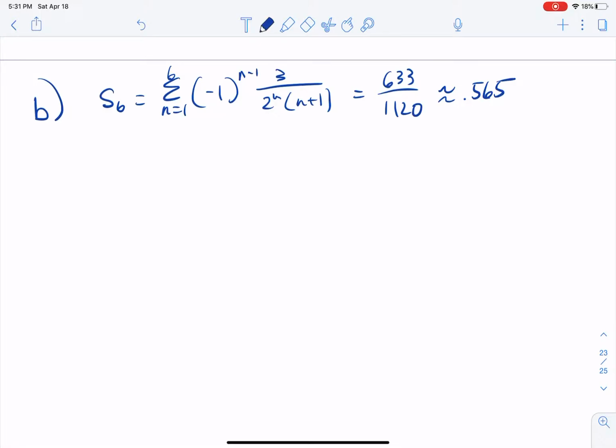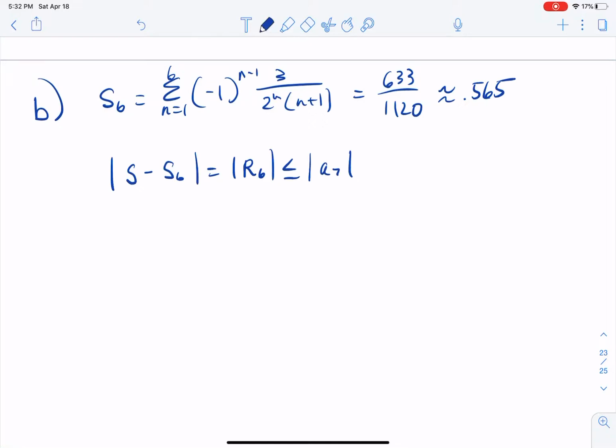And now the actual part of this question, the big part that associates with the lesson is, hey, how far off are we? So if I were to take the absolute value of S minus S sub 6, the difference between our actual sum and the sixth partial sum which we calculated, that thing is equal to the absolute value of the remainder, which is always less than or equal to the next term, the first neglected term, the absolute value of it anyway, which for us should be the seventh term.